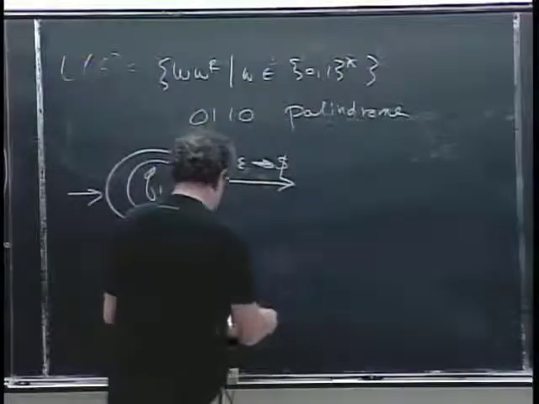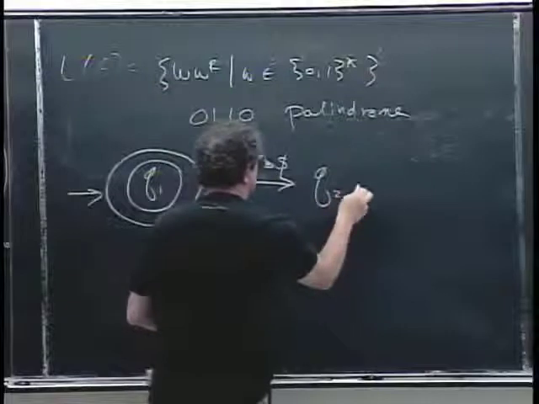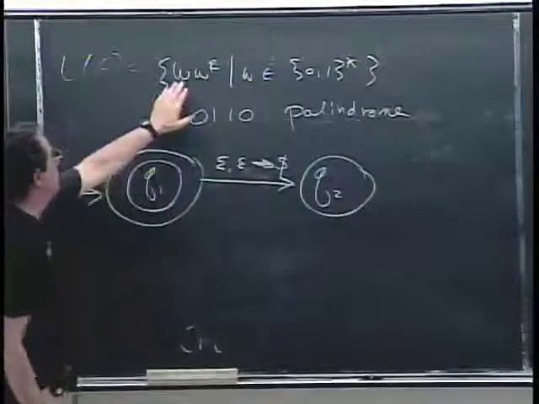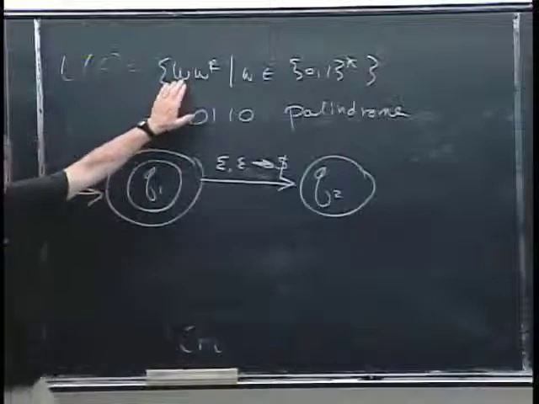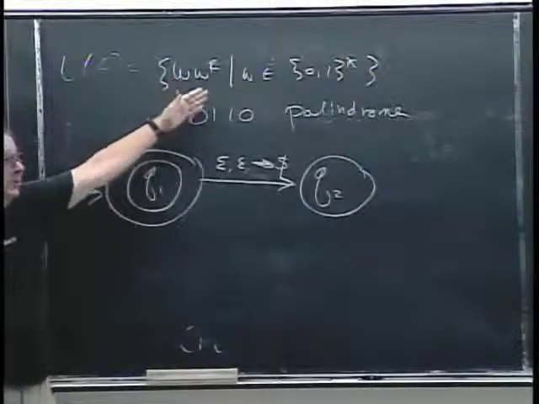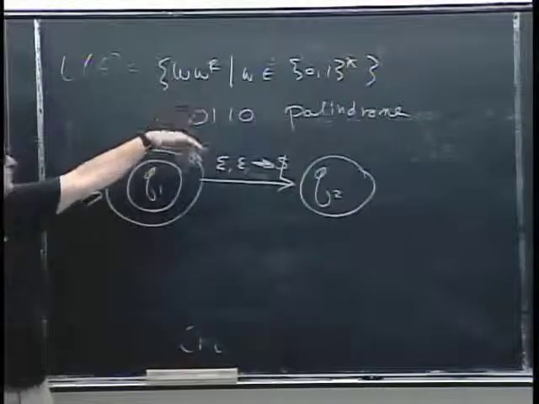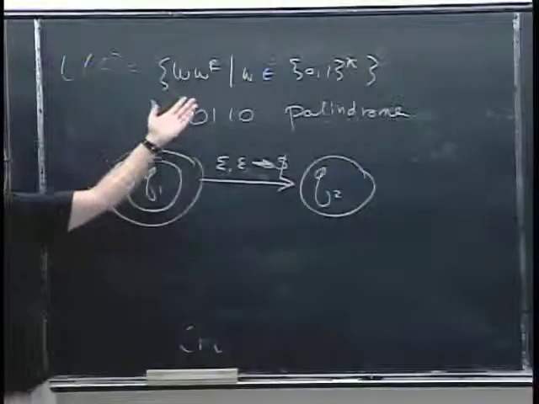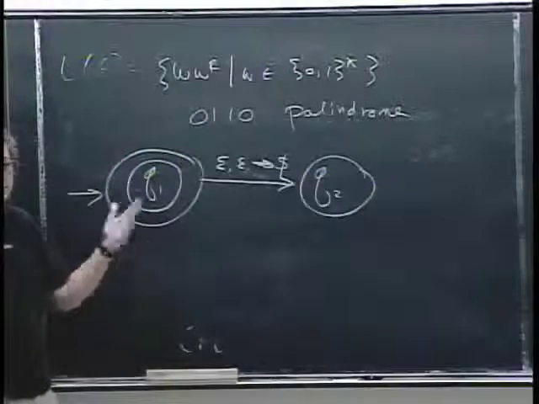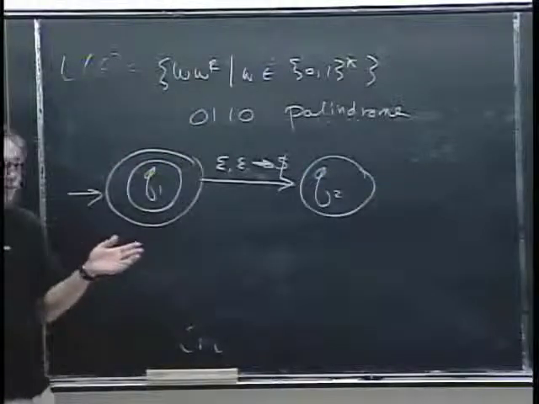And then we're going to have a state here where essentially what we have in mind is we're going to read the first part. Now we don't know what the first part is and what the second part is. So this would be very difficult to do with some kind of deterministic machine. But we've got the power of non-determinism. We can always guess.